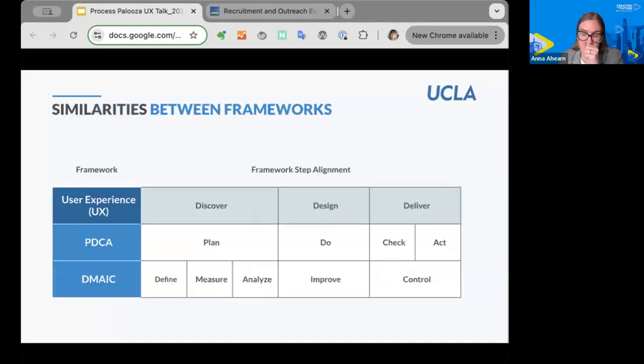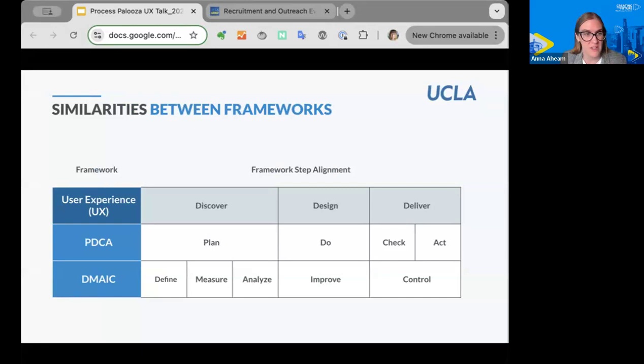If we take those 3 steps and break them down into a table showing step by step, discover, where we research to identify issues, design, solving to those identified issues, deliver, building and analyzing solutions, and then repeating that all over again, we can compare the triple diamond framework to popular process improvement frameworks.